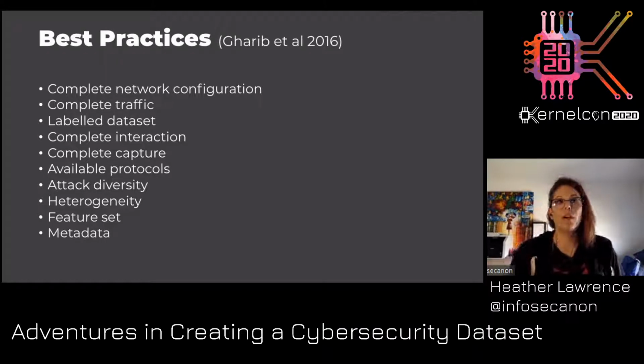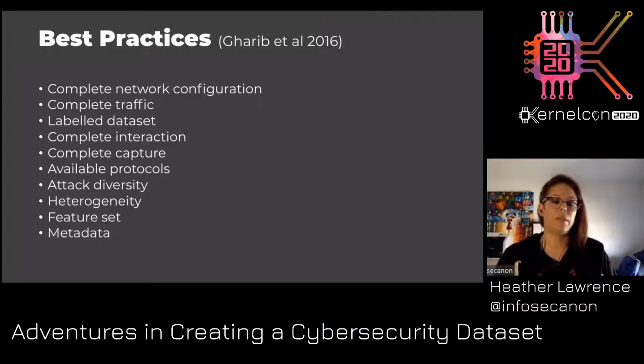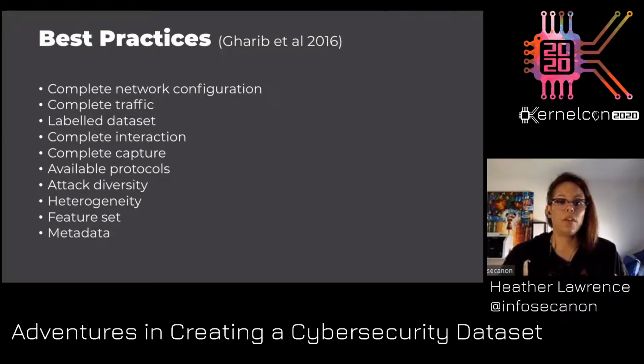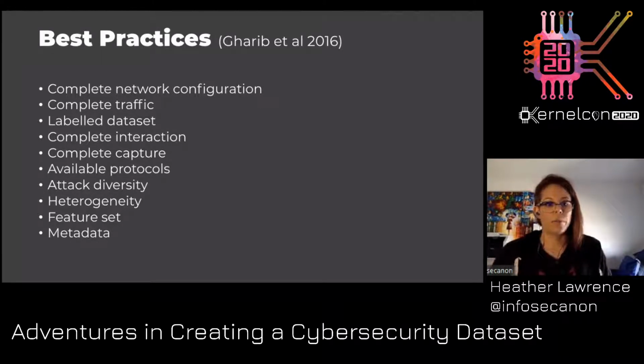The protocol variety is super important. So you don't really teach your IDS a whole lot if you're just showing like HTTP and maybe TLS or SSH, like basic protocols. Having a wide protocol variety helps the IDS determine what is abnormal or benign.